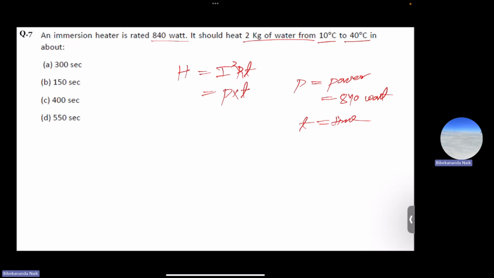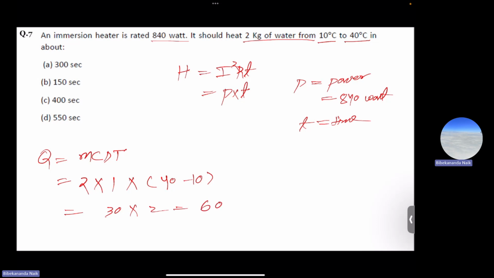Now the amount of heat required to increase the temperature of 2 kg of water from 10 degrees Celsius to 40 degrees Celsius. We know Q is mc delta T, where m is 2 kg, c is 1 for water, and delta T is 40 minus 10. So 30 into 2, that is 60.